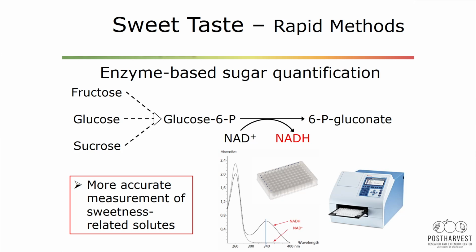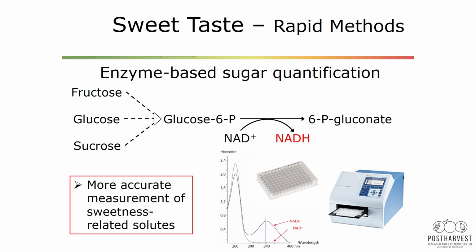So one method that we used in my lab was an enzymatic method. Basically you have some sort of an enzymatic soup. You take the juice of your fruit and you combine it with this enzymatic soup, and basically along the way you produce a compound called NADH that can be read by this machine, right?